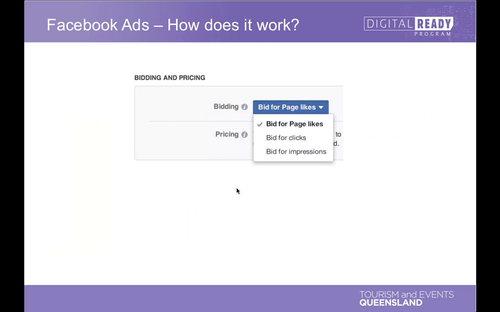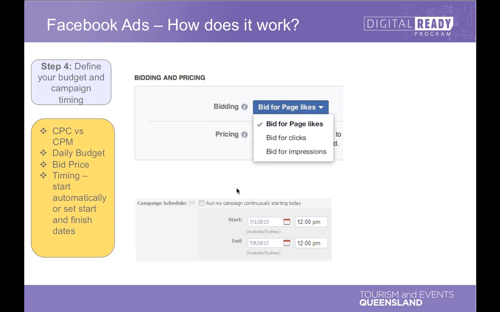This example is for a page like campaign. For this, Facebook recommends you have a CPM model, which is you're charged every time your ad is shown. You can choose CPC, cost per click, where you only pay if someone clicks on your ad. But for this ad set that I set up, Facebook doesn't recommend this.